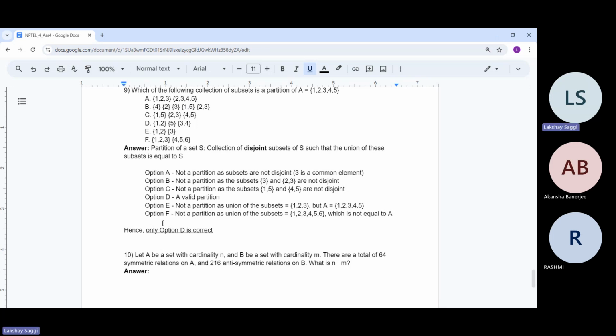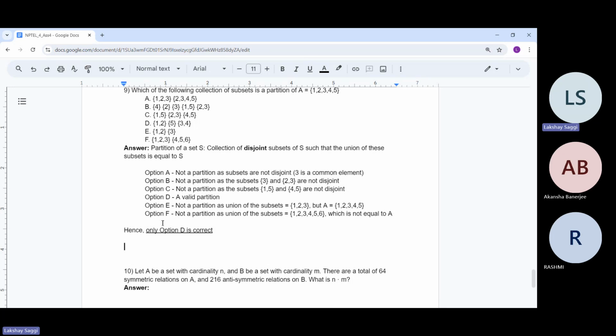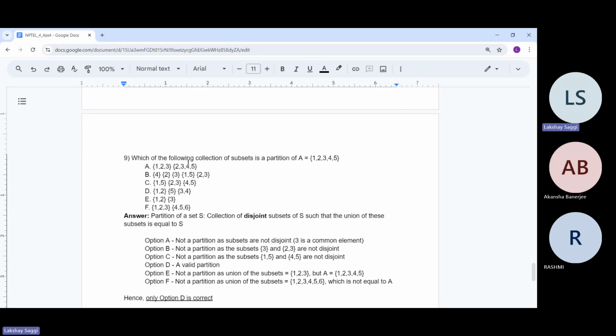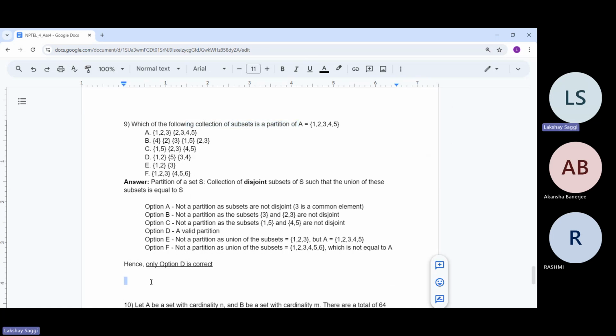Okay, so now let's think about, based on the partitioning, let's form another question.